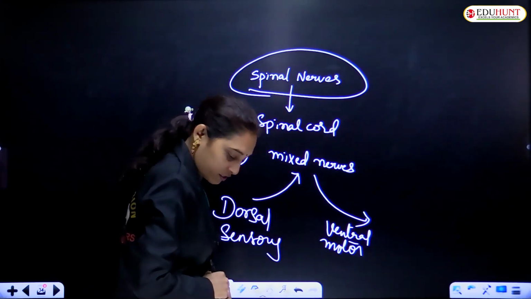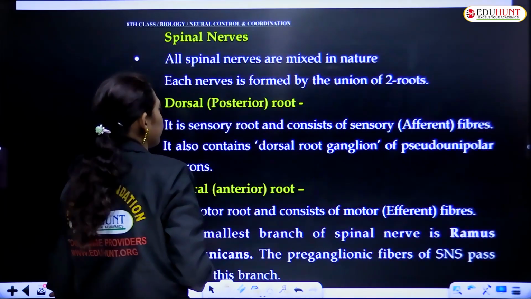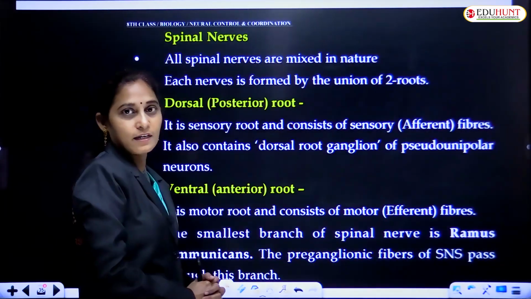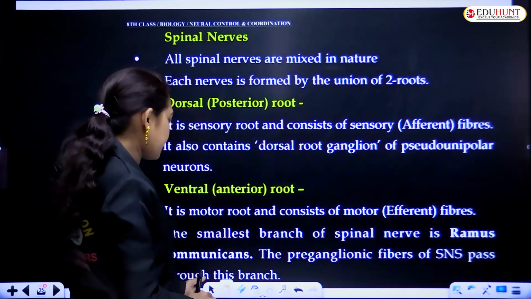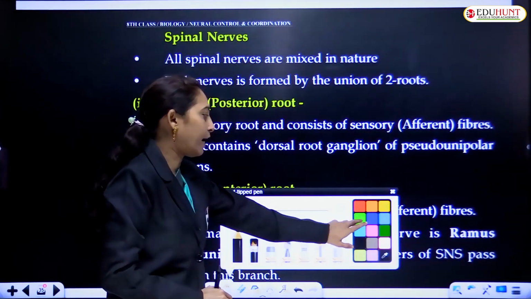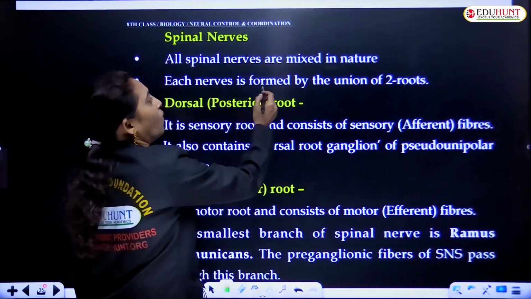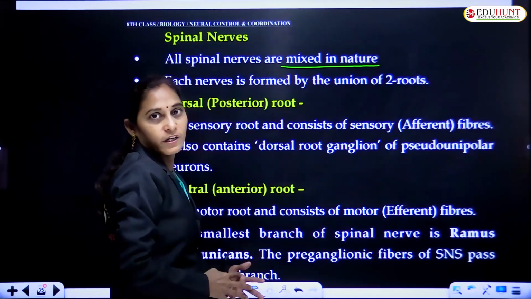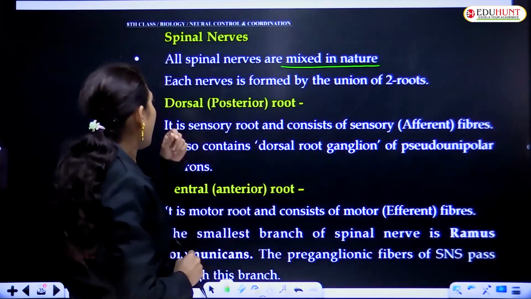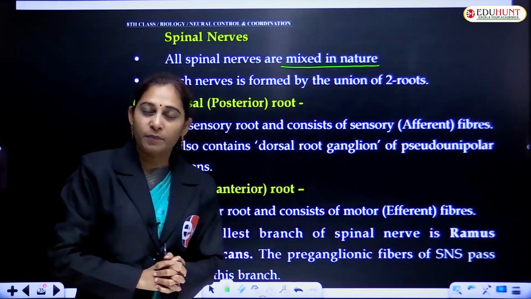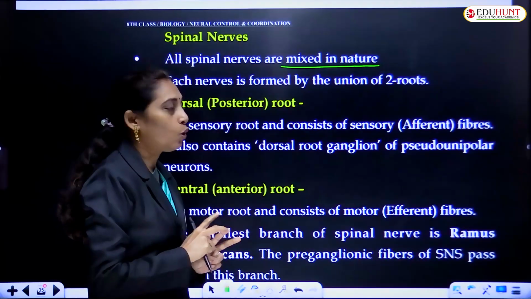Let us see the roots. All the spinal nerves are of a single type, only mixed type. And each nerve is formed by the union of two roots.